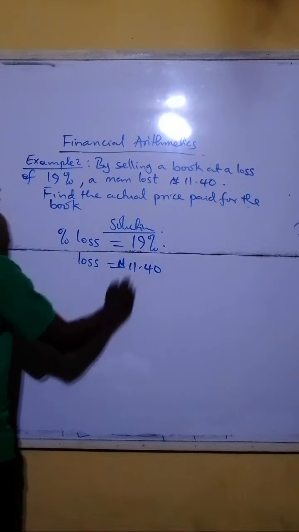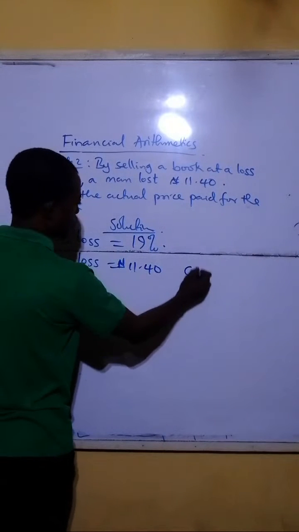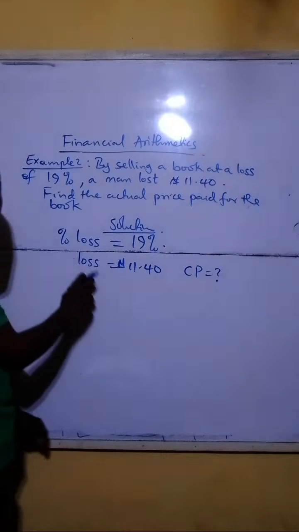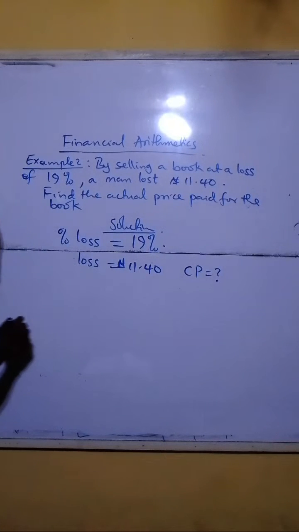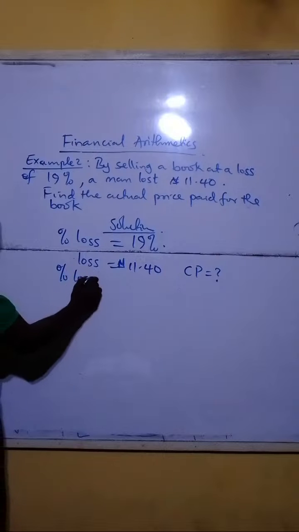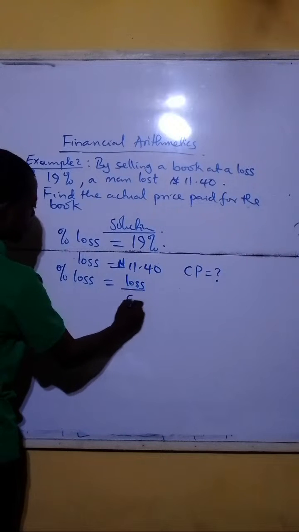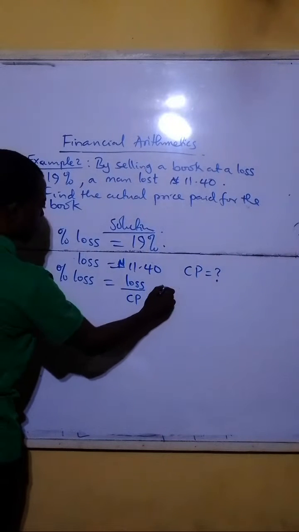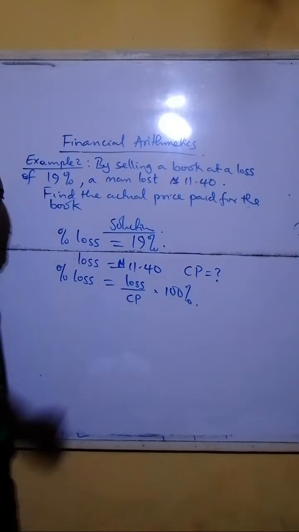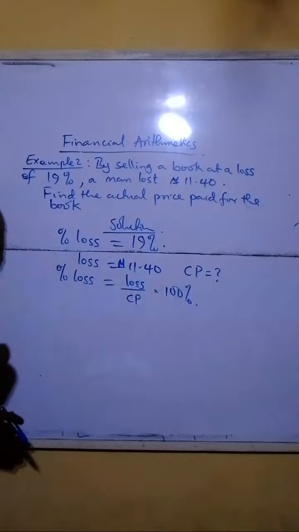Then find the actual price. The actual price we are finding here is the same thing as the cost price. Since we have percentage loss, we can write out the formula: percentage loss equals the loss over the cost price times 100%. Don't forget that this loss is also cost price minus the selling price, in case we need to find the selling price.